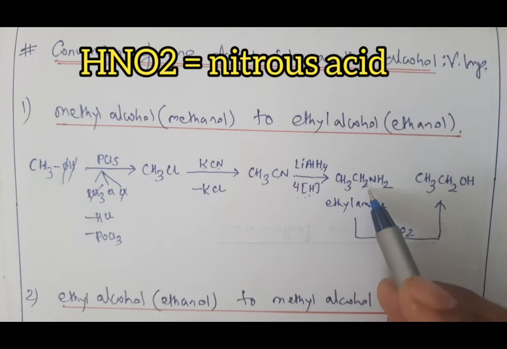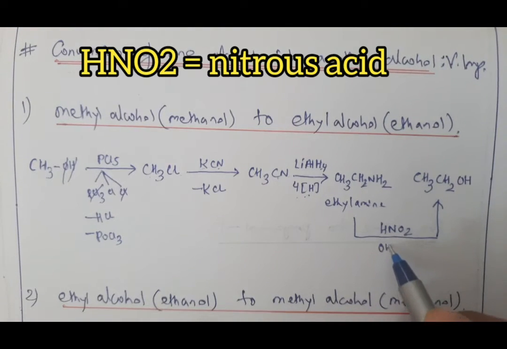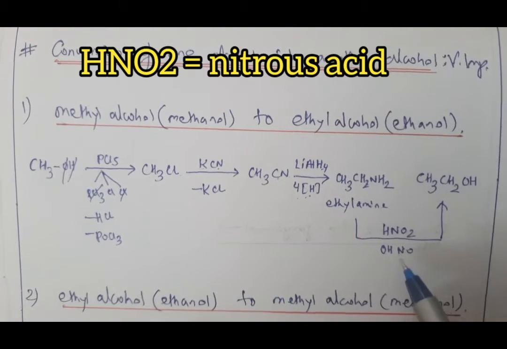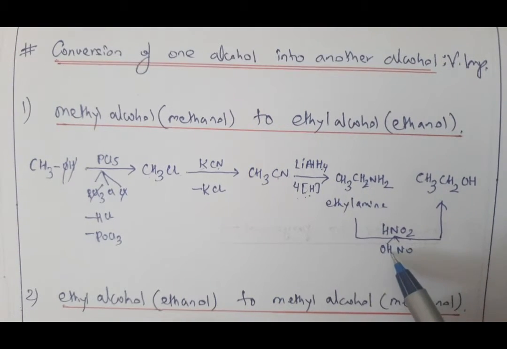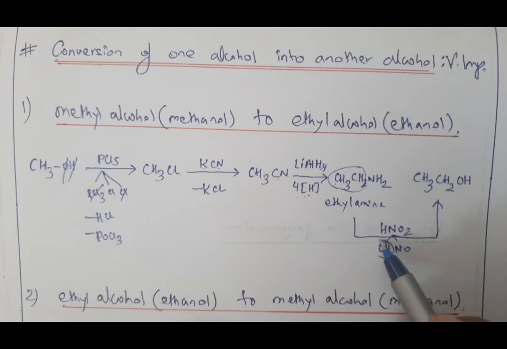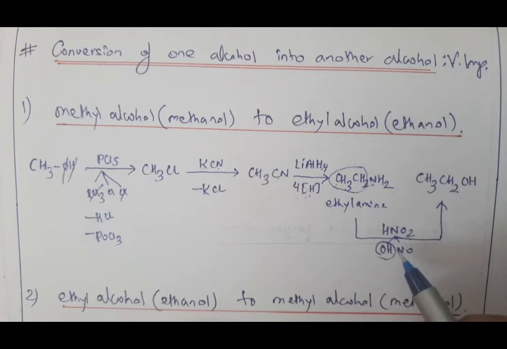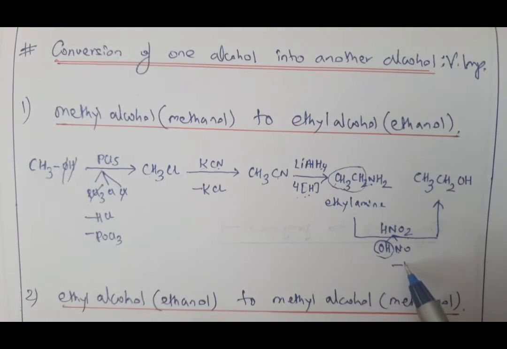HNO2 is called nitrous acid, which we write like this, O=N-OH. When you split this nitrous acid this way, it is HNO2 only. Ethyl will take this OH and form ethyl alcohol. This nitrogen and this nitrogen combine to form N2.